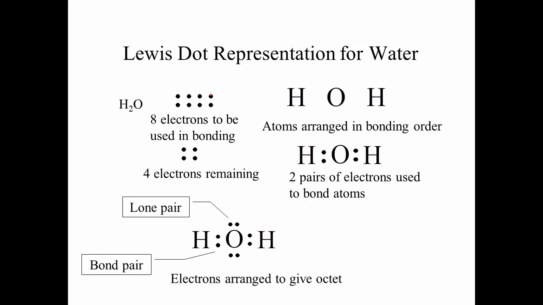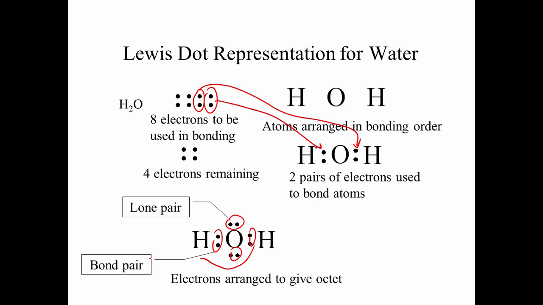We took 2 electrons, put them between the hydrogen and oxygen to bond the atoms together in a single covalent bond, and put these 2 in the other oxygen-hydrogen bond. That leaves 4 electrons from our 8. Those will fill around the central atom in order to complete the octet of oxygen. So we have lone pairs and bonding pairs of electrons.